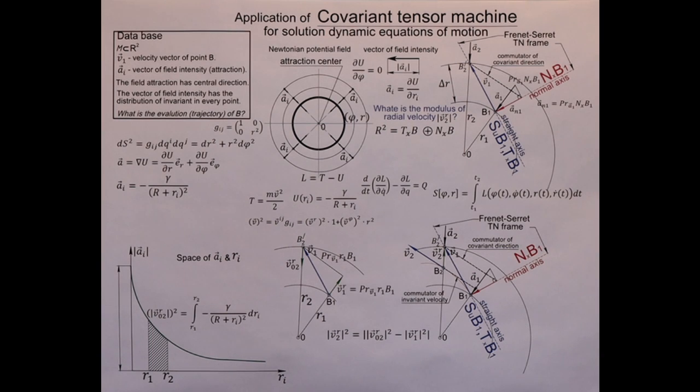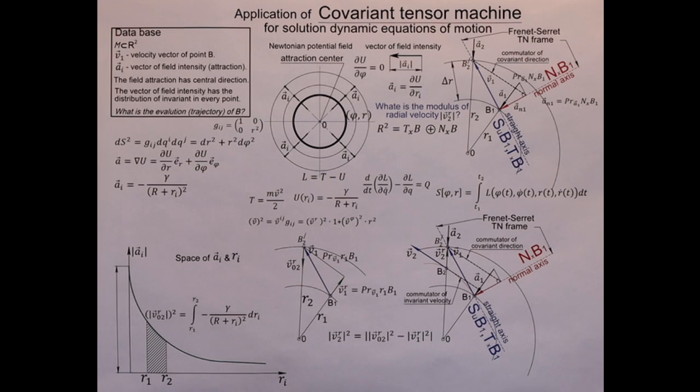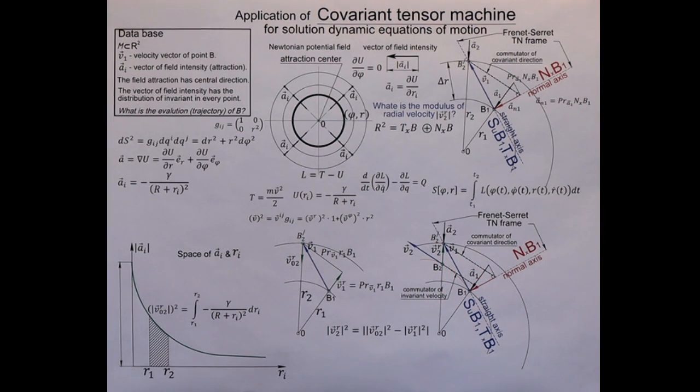The start of the radial velocity vector is point B2. Through point B2, draw the axis that is parallel to the commutator of covariant direction. The axis goes across the normal axis.